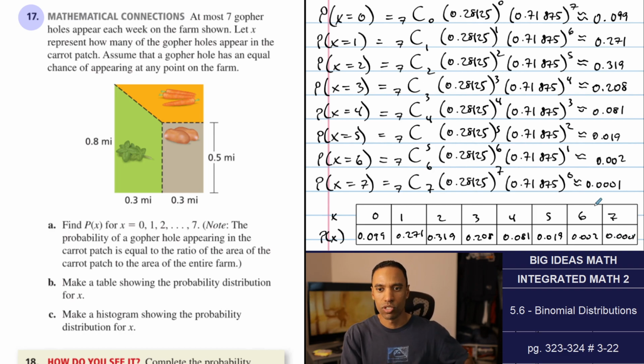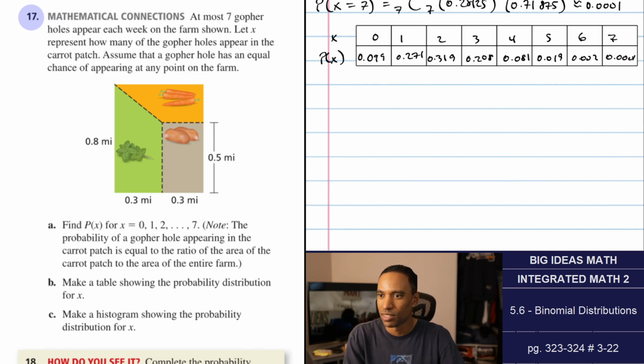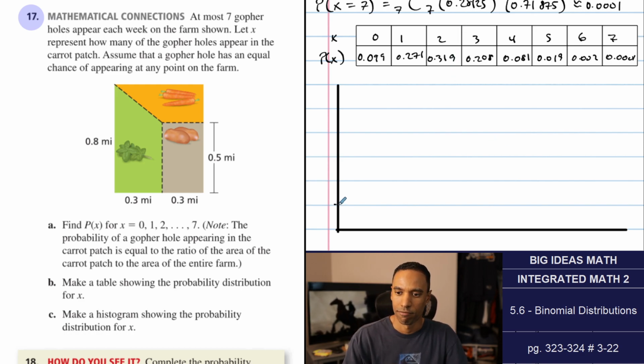All right. And then we do have to do a histogram. So this is the part where, what's the most common one? 0.319, so the 31%. So let's go every 5 again. We do this several times here, so 5%, 10, 15, 20, 25, 30.